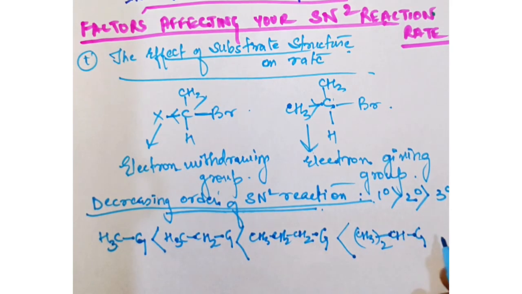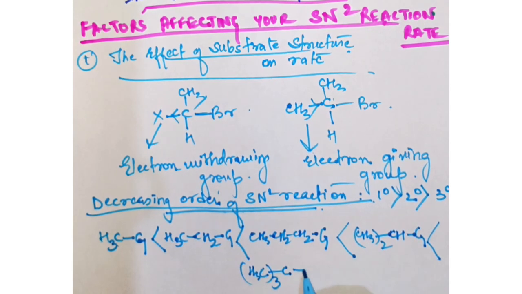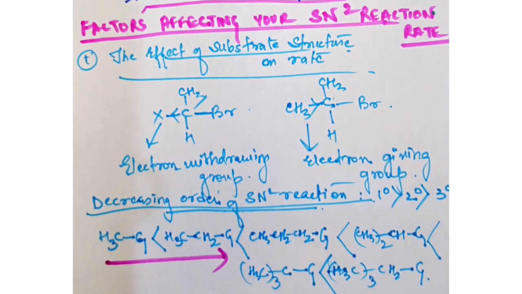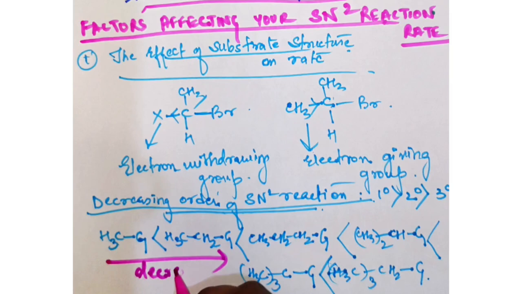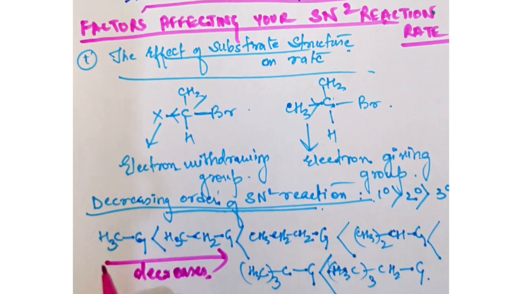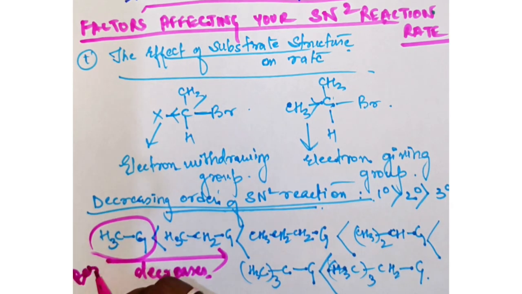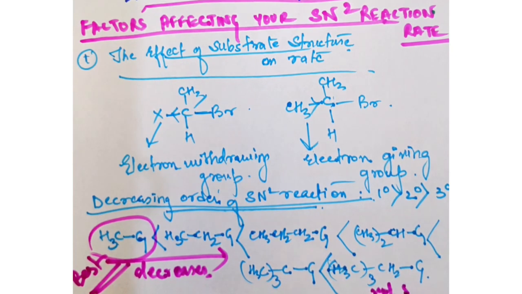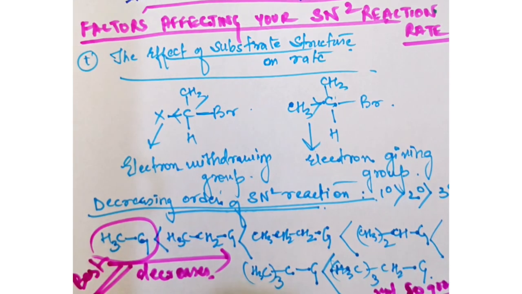So basically it is primary more than secondary more than tertiary, CH3 more than CH3CH2, and this way it decreases. So this one is best for SN2, and this one is not so good for SN2 reactions. Remember that.